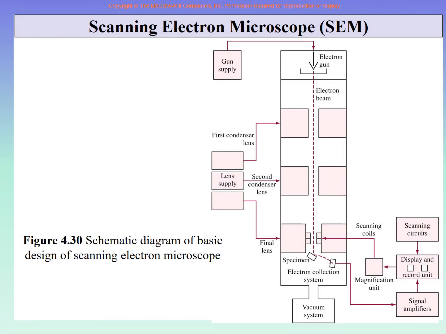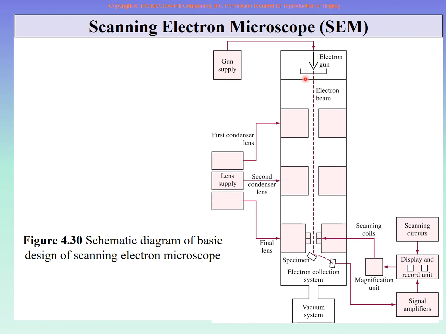Here I'm just showing you a very quick schematic diagram, but again I don't want you to study it in detail. There is an electron gun, and there is a system of lenses. You can see the first condenser lens, second condenser lens, final condenser lens and so on.